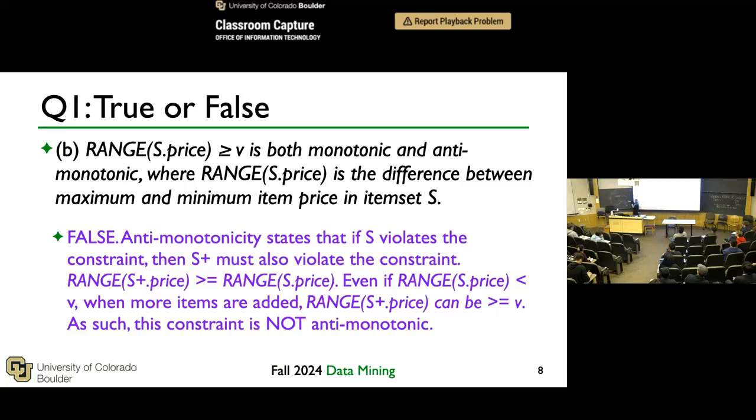Now, if my property says the average is at most V, then it's not monotonic, because I cannot guarantee it: if it's satisfied right now, it may change depending on how items are added. But if I go this way, and it's already at this point, less than V, and it can only go down, then I can guarantee it for the superset.